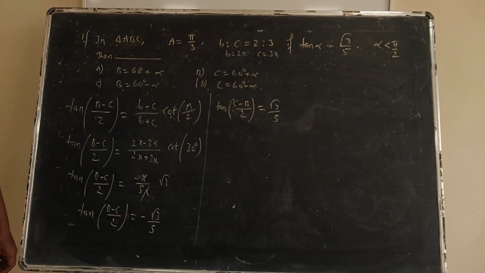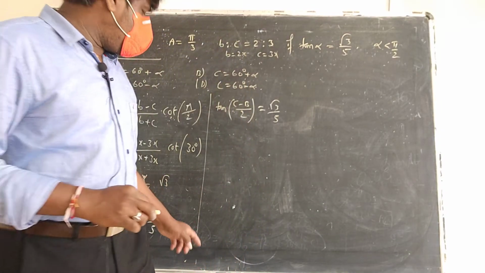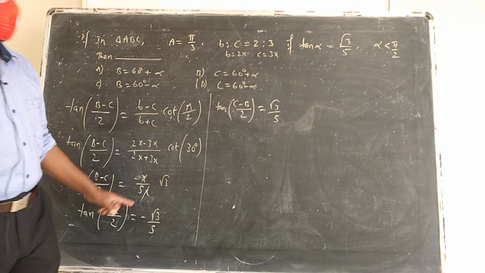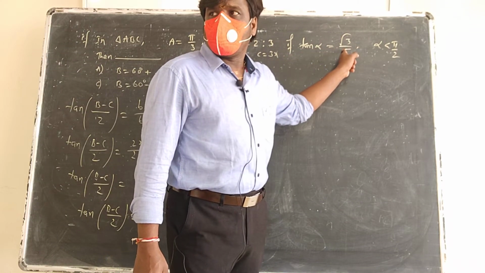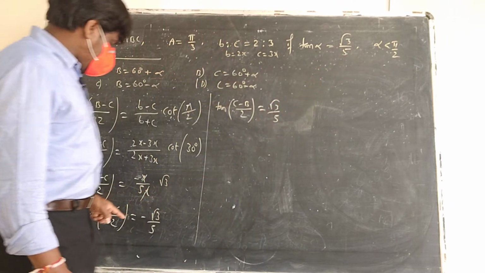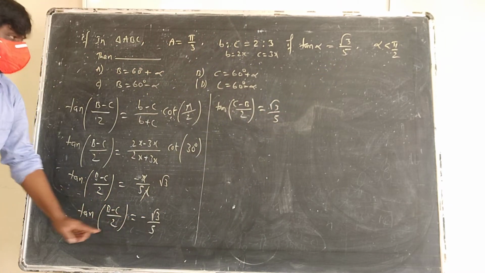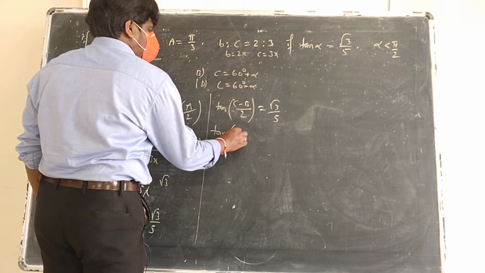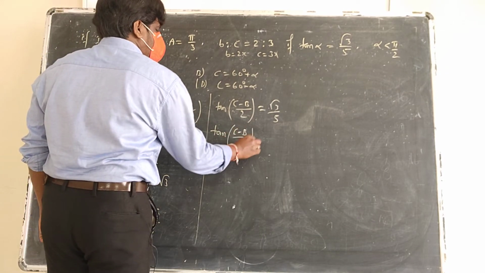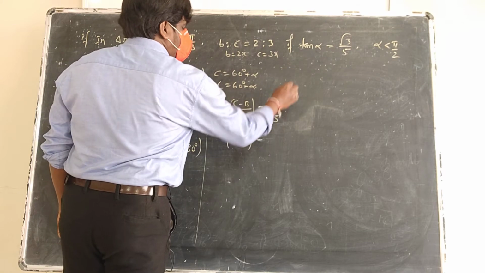Root 3 by 5, see here, actually root 3 by 4 there is no standard value, but here tan alpha is equal to root 3 by 5. So I can write tan of (C minus B) by 2 is equal to tan alpha.